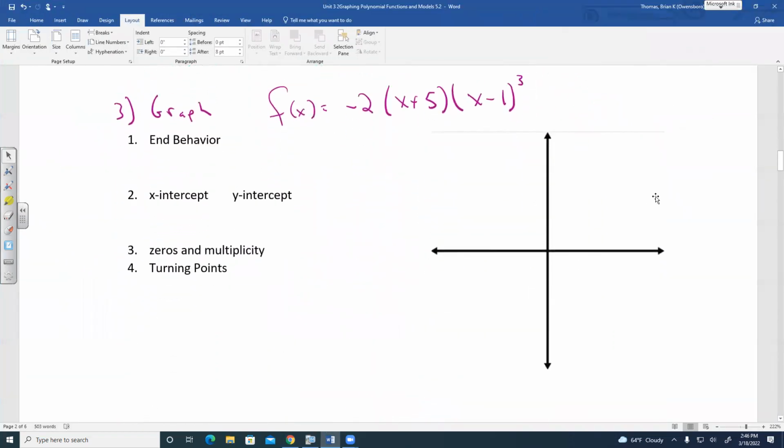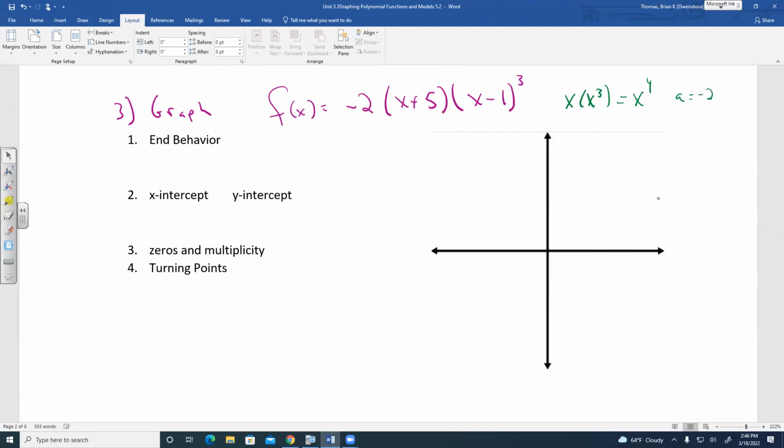So if I want to graph f of x equals -2 times (x plus 5) times (x minus 1) cubed, again, the end behavior, notice how I have an x and an x to the third here. So they have this x raised to a power 1, this x raised to a power 3. X times x cubed is x to the 4th. And my a is a -2.